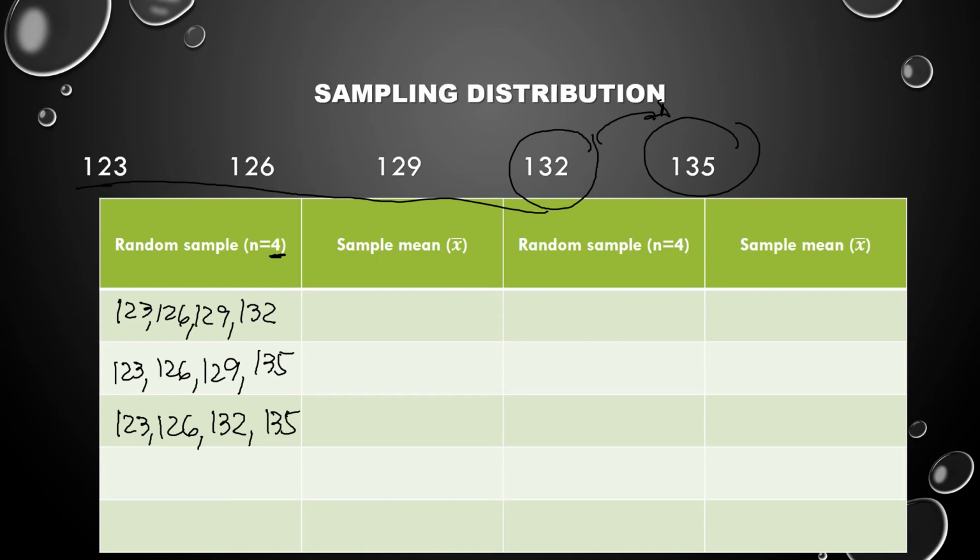Now, supposedly, we're changing our third number, and the third number after 132 is 135. So if you say 123 and 126 and then 135, you cannot have any other number right after that. So you cannot form a four-number combination. That is a no-no.